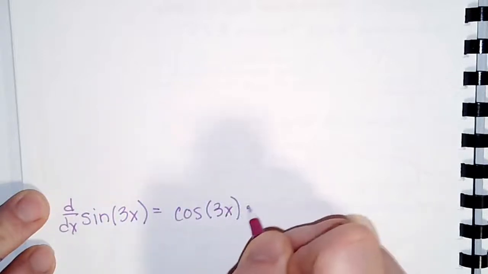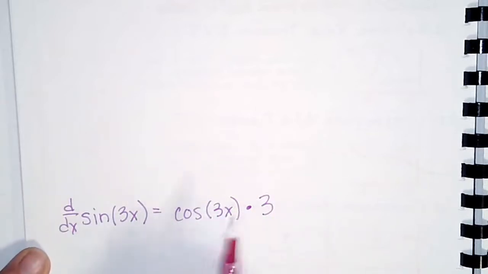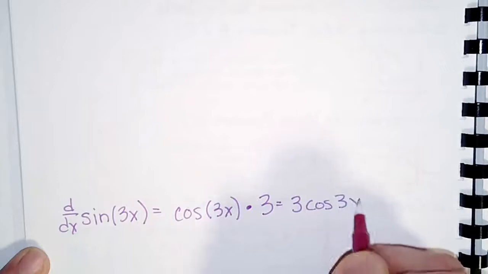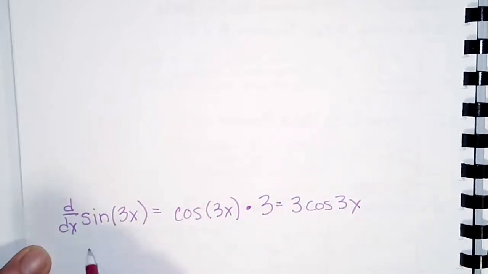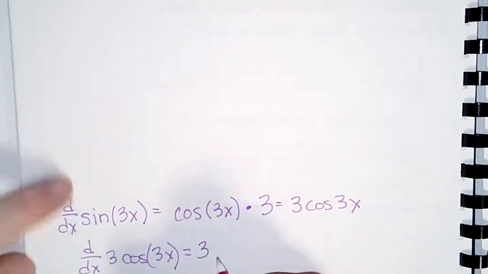When they write it down, they're not going to write it like this. They're going to rewrite it as 3 cosine 3x. And then they may ask you to take that derivative again. 3 cosine 3x. I'll keep my parentheses for a minute. Derivative of that is the 3 that's already there. Derivative of cosine of something is negative sine of something.